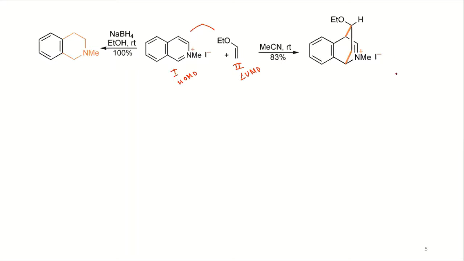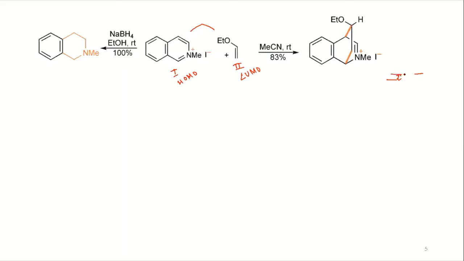So in this case, you have to think: the HOMO and LUMO should have a lower energy gap in between.